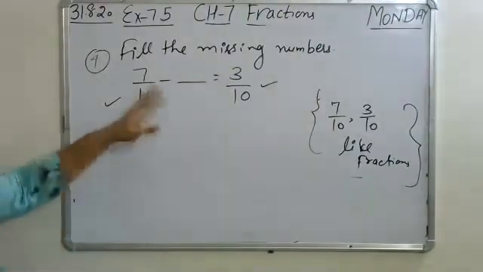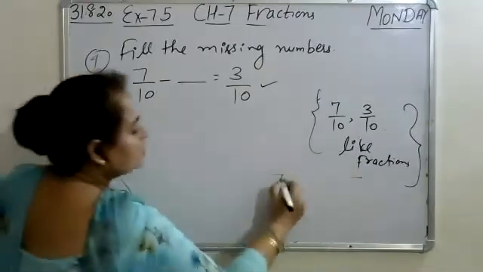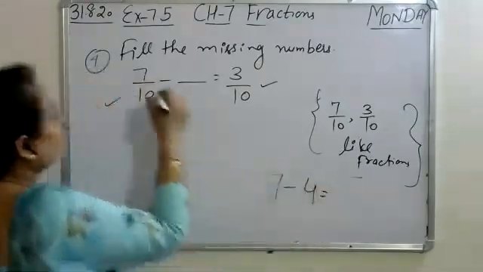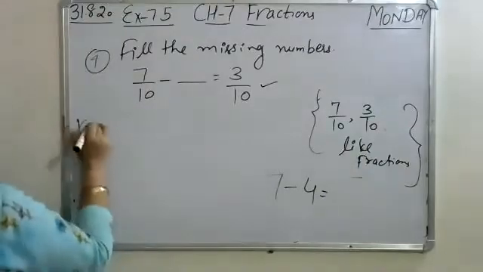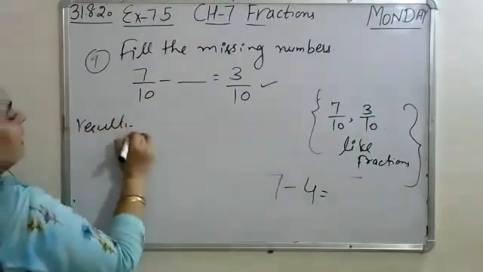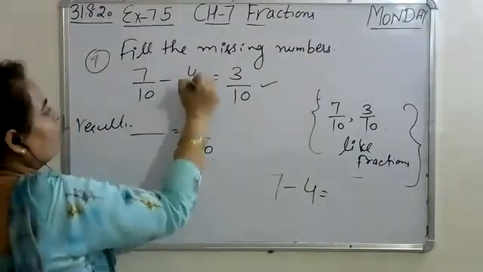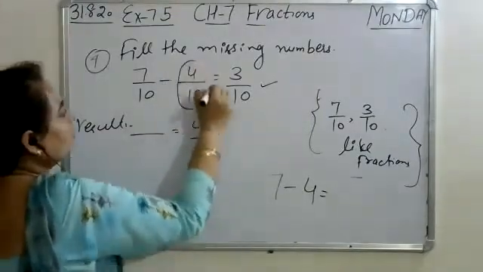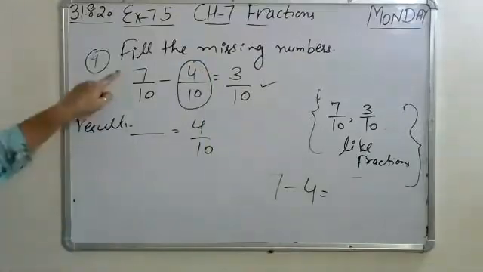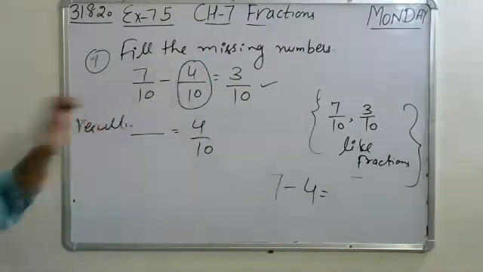Yes, 7 minus 4 is equal to 3. So you will write here in the blank 4 by 10. So this is the way to solve the sum. 7 by 10 minus 4 by 10.